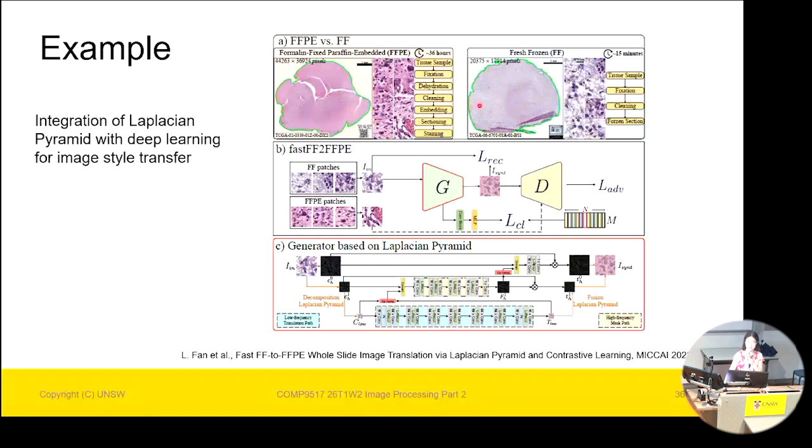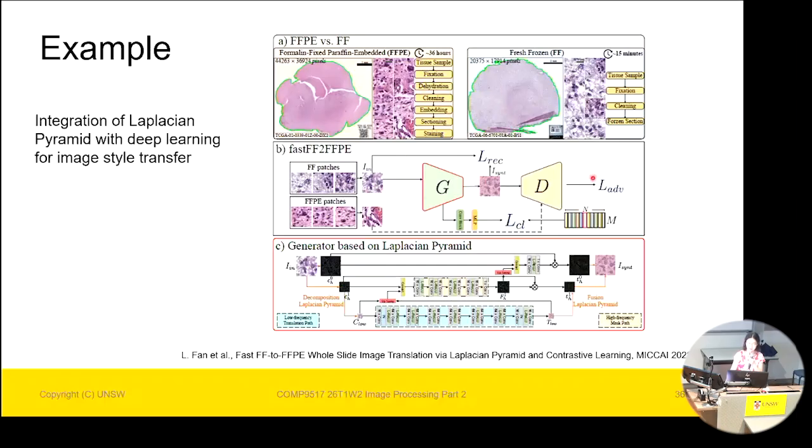Both of the images are typically gigapixels, super big images. When you do processing, because they are so big, it takes lots of time, and we have to do patch-wise processing. That means one image will be divided into tens of thousands or even millions of image patches, and you do all the processing based on those patches. So the speed of processing is very important.